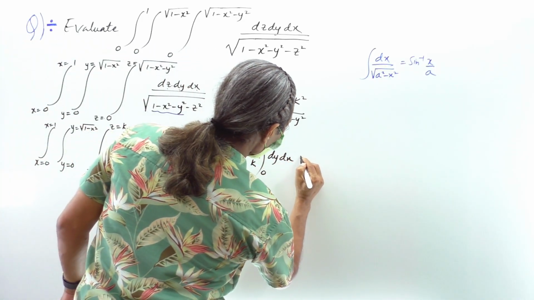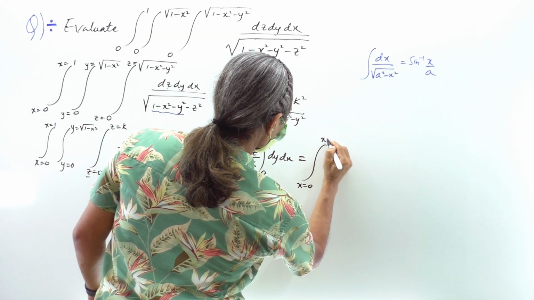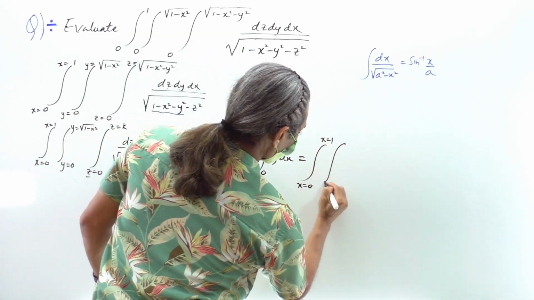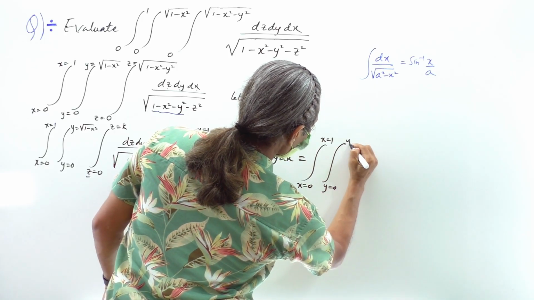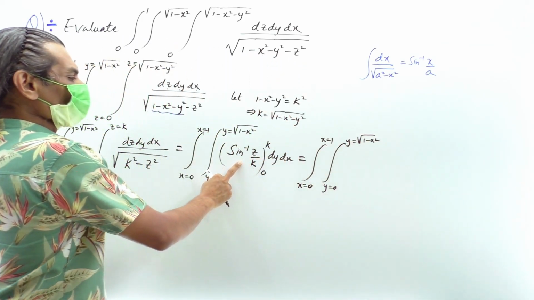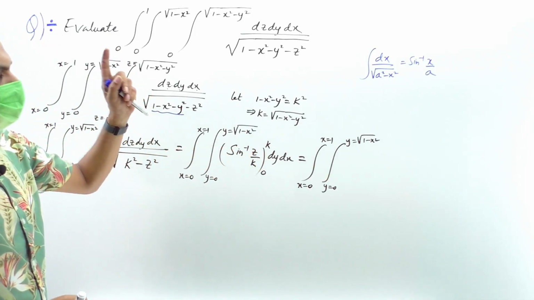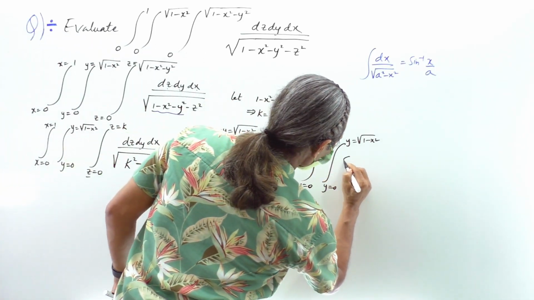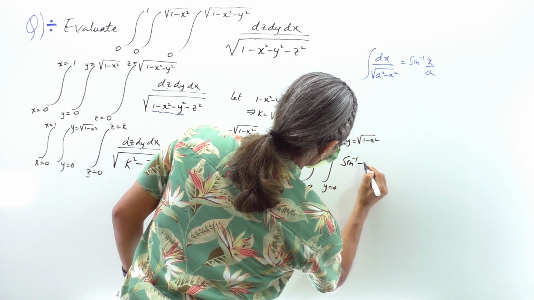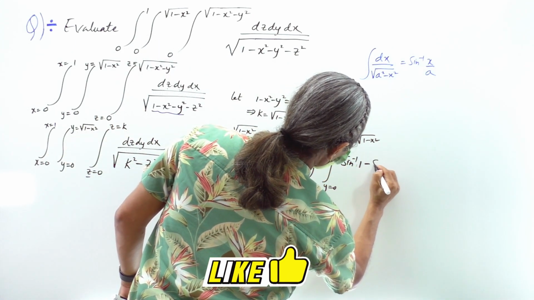Let's put the limits here. Again x equals 0 to x equals 1, y equals 0 to y equals root of 1 minus x square. In place of that put k by k, sine inverse 1 minus sine inverse 0.